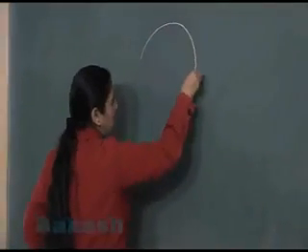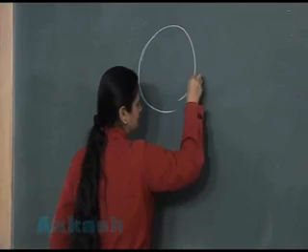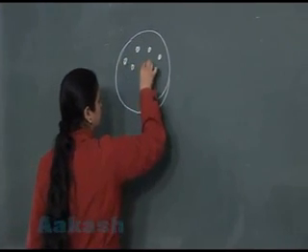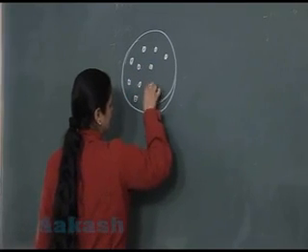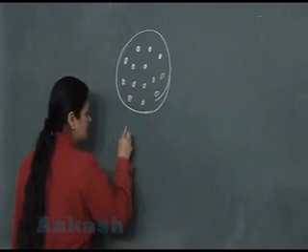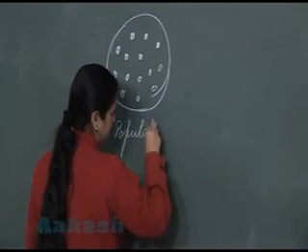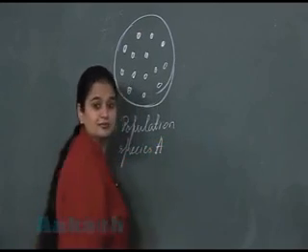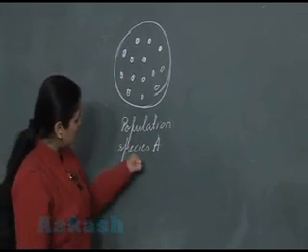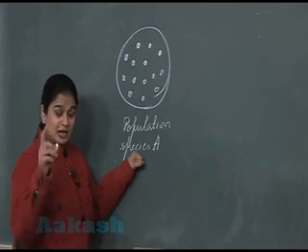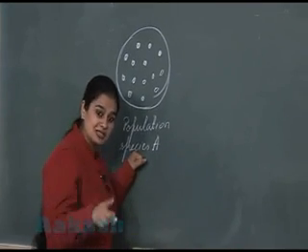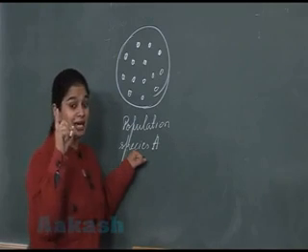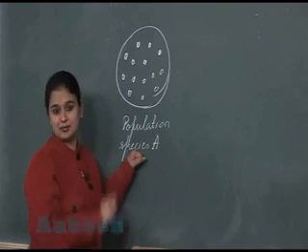Let's say this is our population of species A, a group of individuals which belongs to species A. According to the biological species concept, all the individuals which belong to the same species have the ability to interbreed.